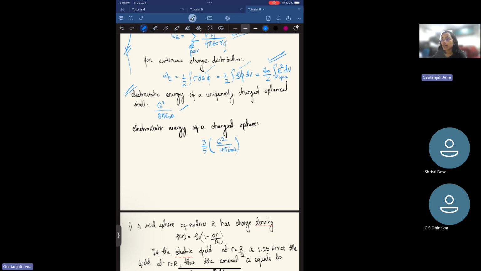But if the system has a more complicated charge distribution, then we can't use the simple Gauss law or the simple integration or summation rule to find the electrostatic parameters. For that case, we make an approximation, which you have already seen.